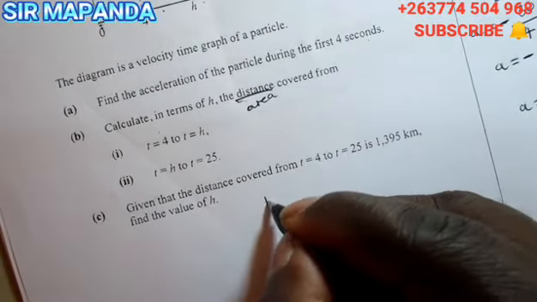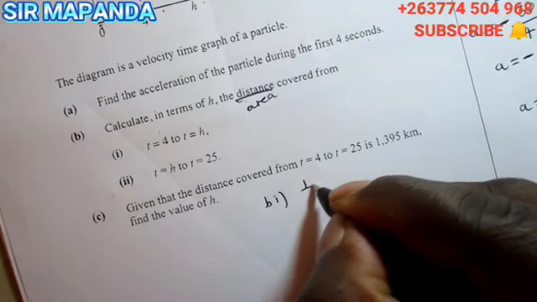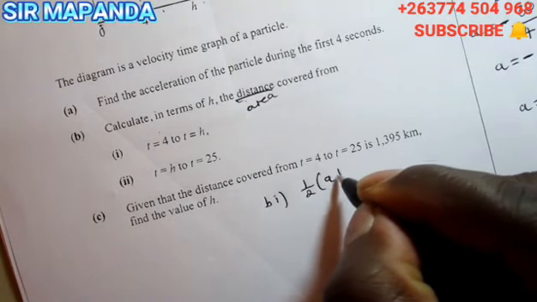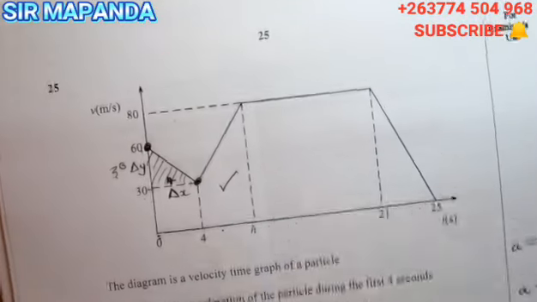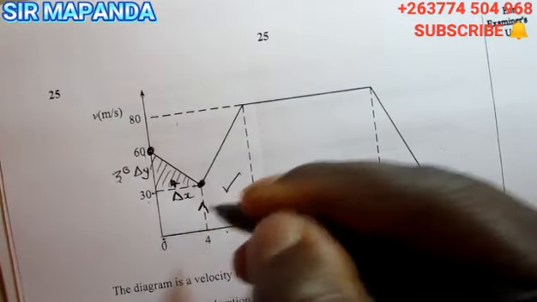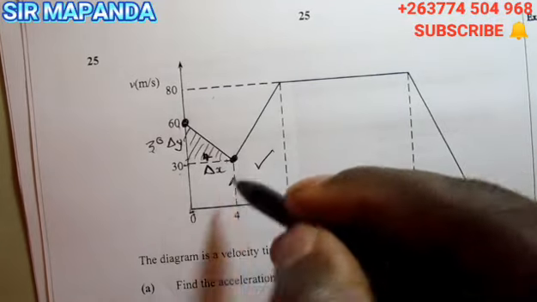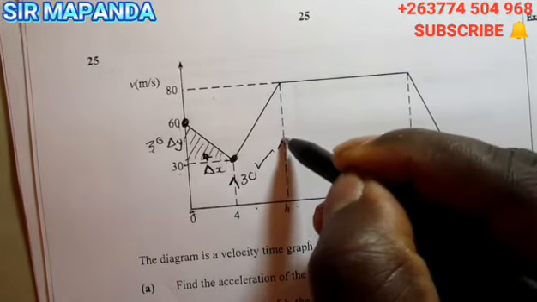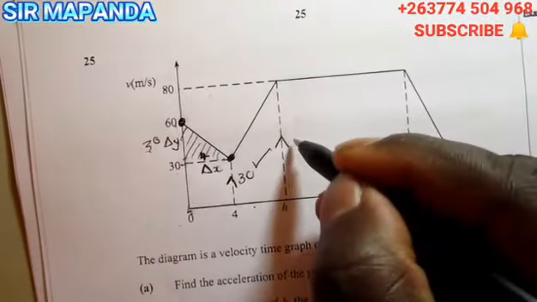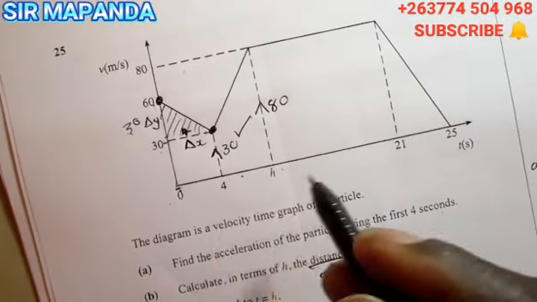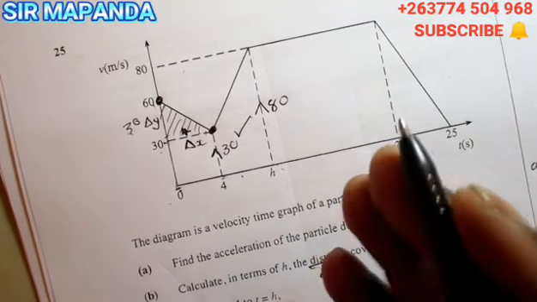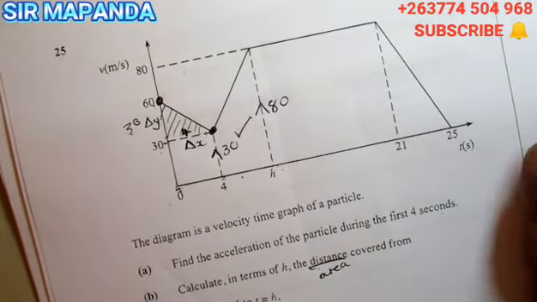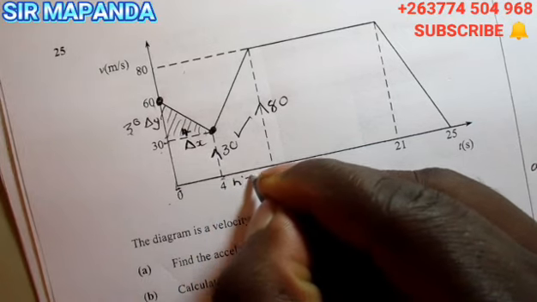Right, so for part B1, we are going to make use of the area of trapezium, half (a plus b) times height. So a is from 0 to 30. Then b is from 0 to 80. So b is 80. Then the height is the distance between 4 and h, which is found as h minus 4.